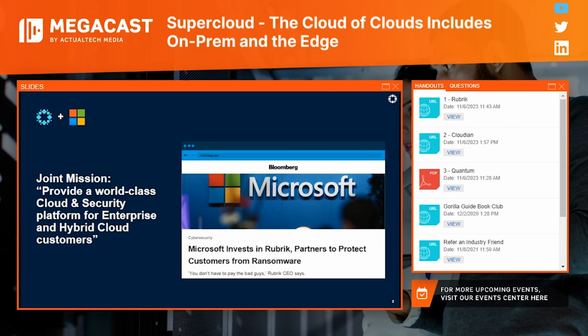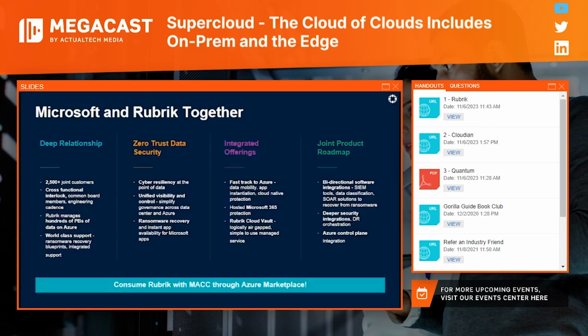Data protection is still the core of everything we do, but they were especially intrigued by how we were thinking about security at the point of data. So we announced together a partnership which included a fairly significant investment by Microsoft into Rubrik.